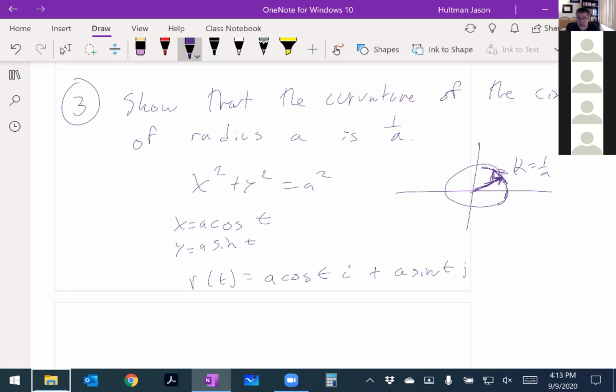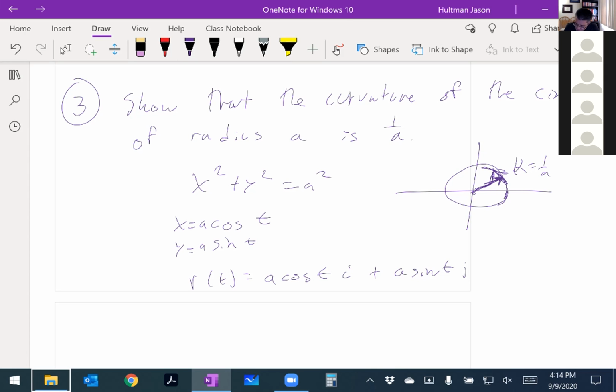That's how we parameterize it. It's really a curve in the xy plane, but we use a two-dimensional vector to describe the motion around the circle, the locus of points from the center.